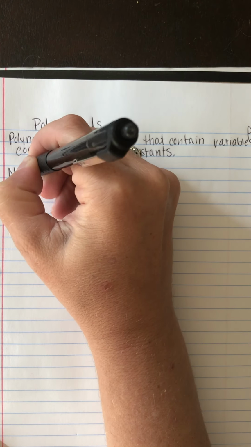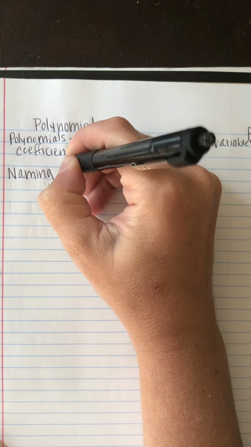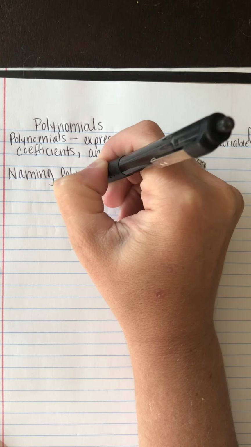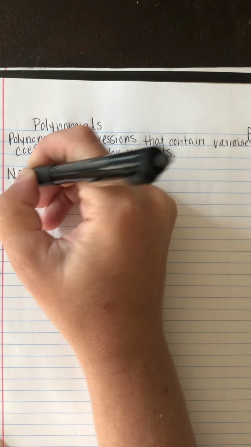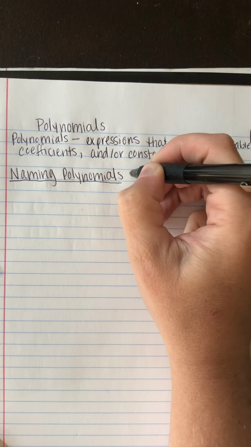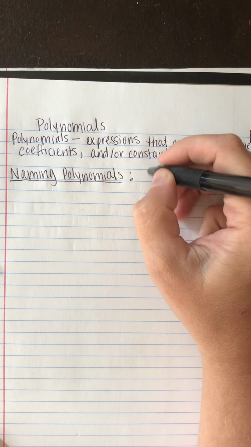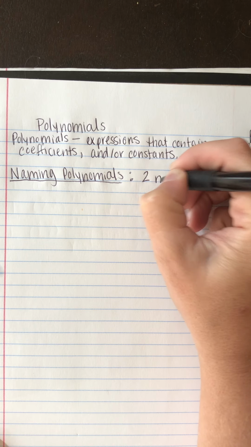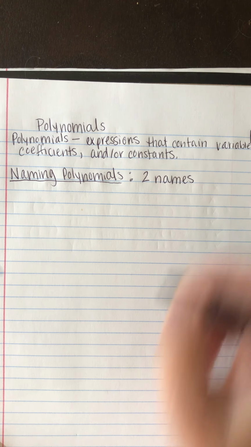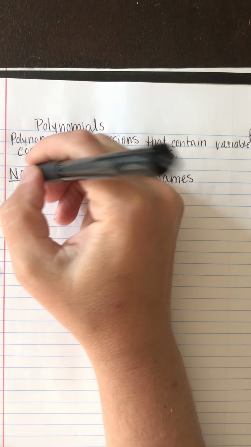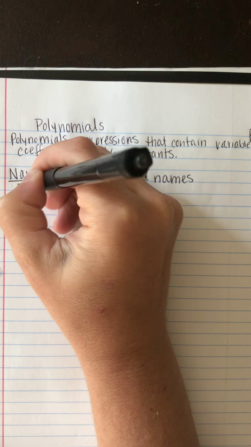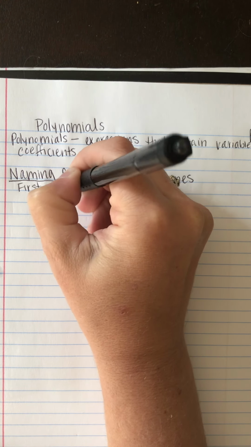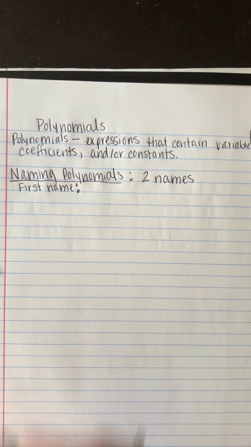So naming polynomials. They have two names. So you can think about it like a first name and a last name. And their first name describes the polynomial's degree.